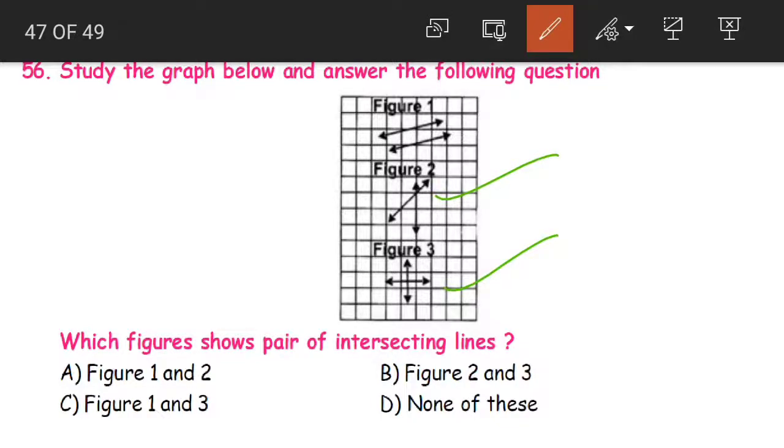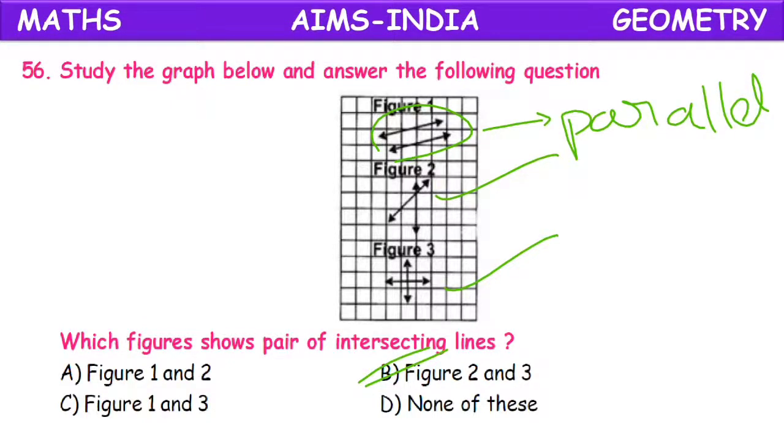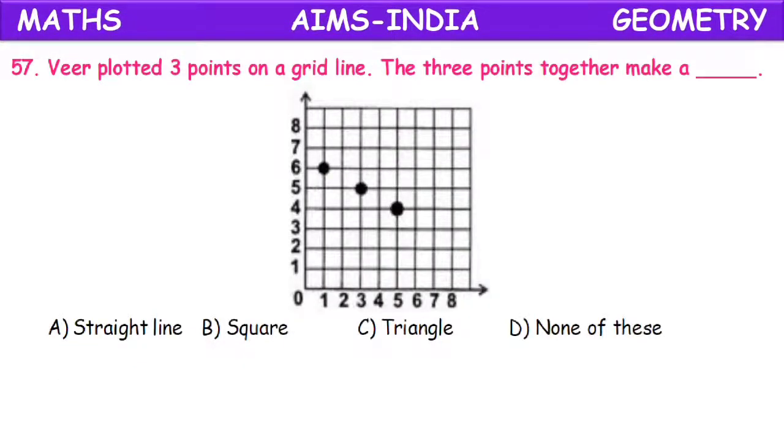So figure 2 and figure 3 are our intersecting lines, that is option B. And what are the lines in figure 1 called? They are called parallel lines. P-A-R-A-L-L-E-L, parallel lines.